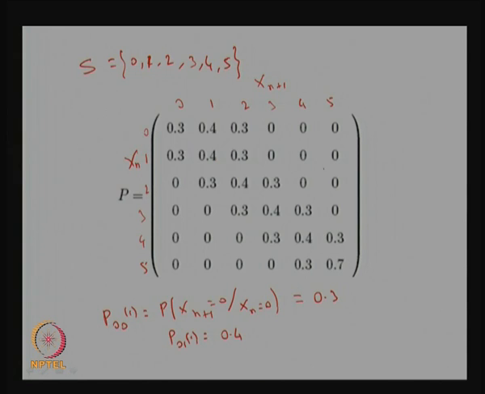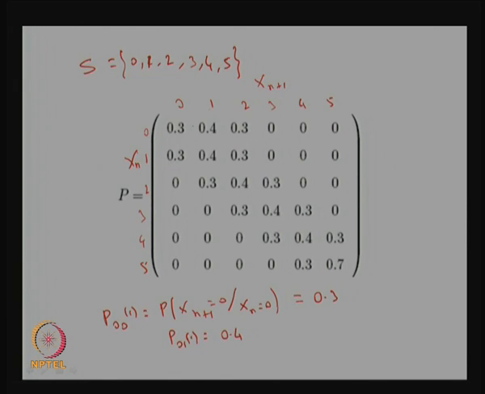Now, the second row. What is the probability that when the nth person leaves one person in the system, when the n plus 1th person leaves 0 persons in the system? That is possible during the n plus 1th person's haircut if no arrival takes place, therefore that probability is 0.3.